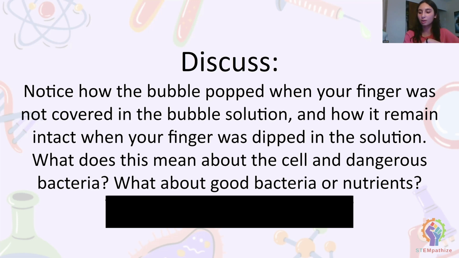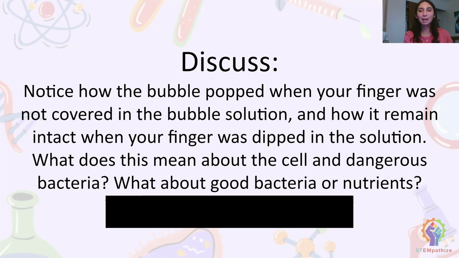Because you saw how when you put something similar through the bubble, it wouldn't pop, which is just like the solution. When you had solution versus solution, it didn't pop. But if you had dry versus solution, it popped. So I think that the cell membrane just regulates the flow of what it considers dangerous and what it considers okay to pass through.